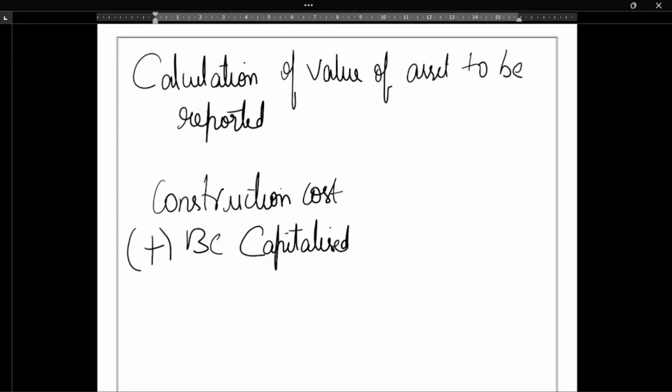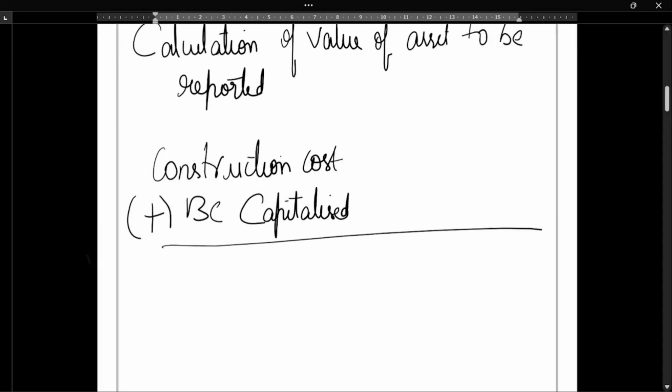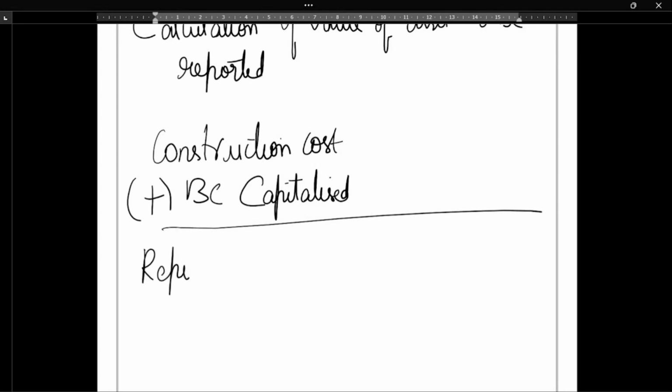Then we will get the reporting value of the asset.